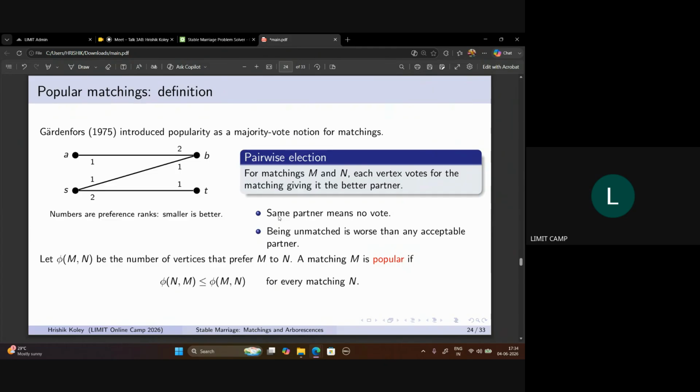Do the participants in the stable marriage, are all of them happy with it, or do they prefer another stable marriage that's more popular than it? Do we have such a stable marriage? So what was the definition of stable marriage exactly?